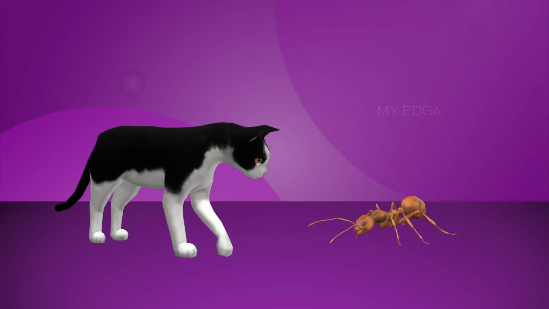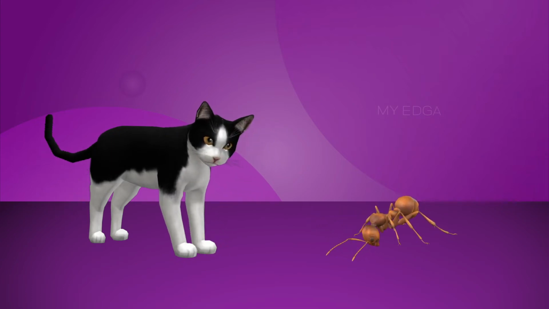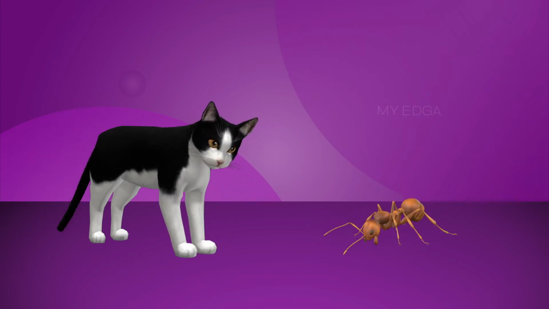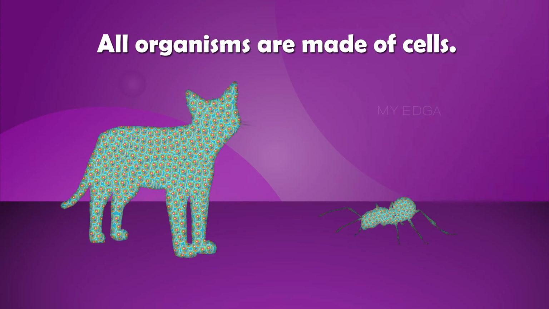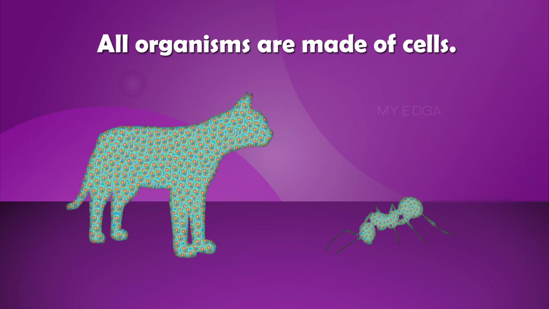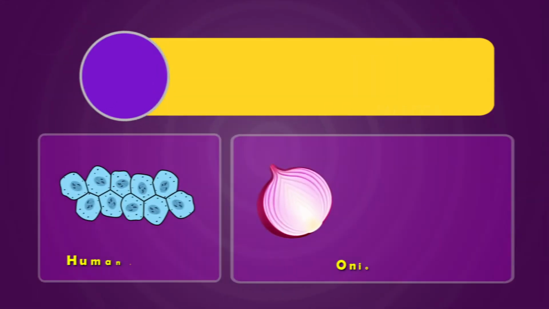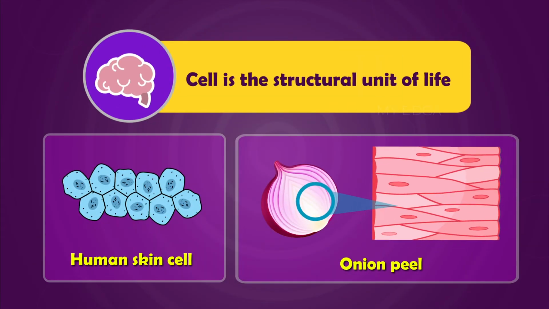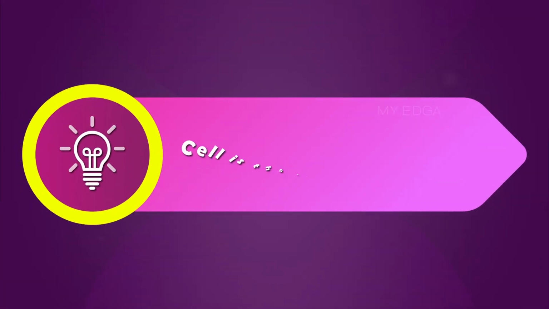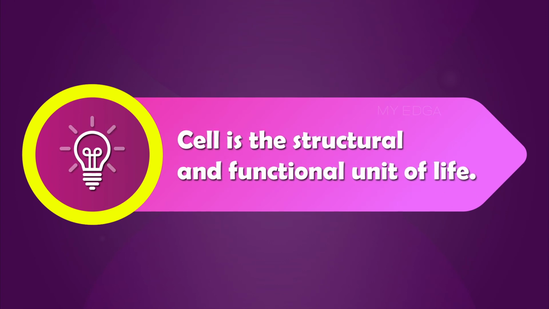Similarly, living organisms differ from one another, but all are made up of cells, the basic building blocks. So, we can say that the cell is also the structural unit of life. Thus, we can define a cell as the structural and functional unit of life.